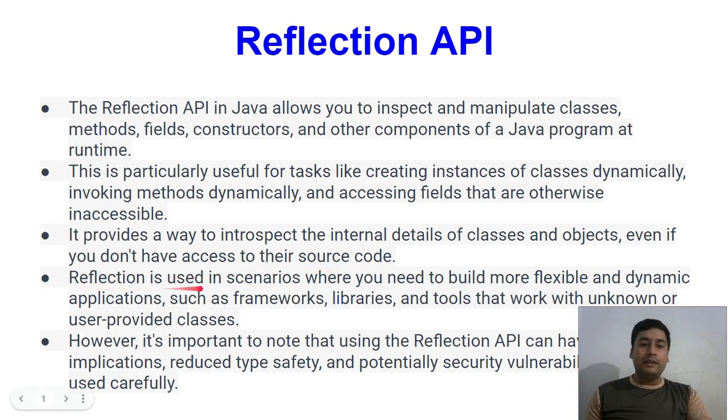Reflection is used in scenarios where you need to build more flexible and dynamic applications such as frameworks, libraries and tools. If you want to build such an application, the reflection API is very beneficial, as it works with unknown or user-provided classes also.